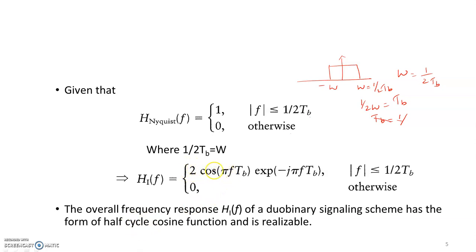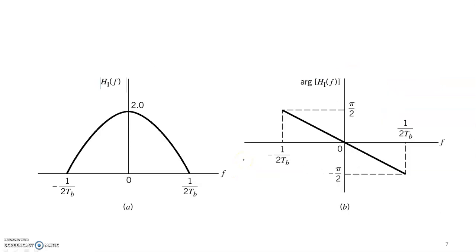It is multiplied by 2, cos has maximum amplitude 1, e raised to 0 has the value 1, so the maximum amplitude will be 2. So you can plot this, and when you plot it you will get it like this. At 0 you will have the maximum value 2, and it has a non-zero value only from minus w to w, or minus 1 by 2 tb to 1 by 2 tb. So this is the frequency response.